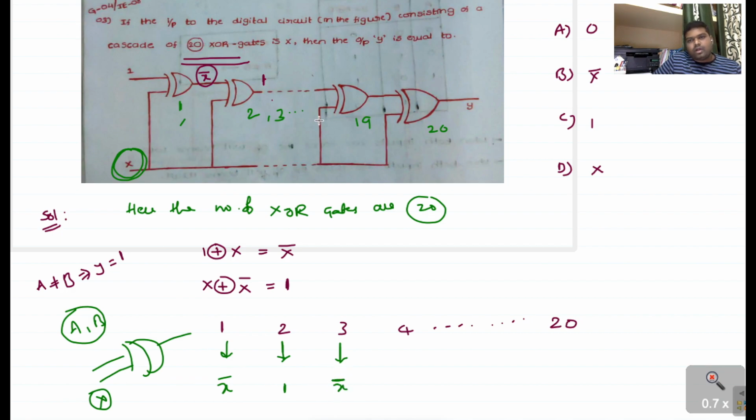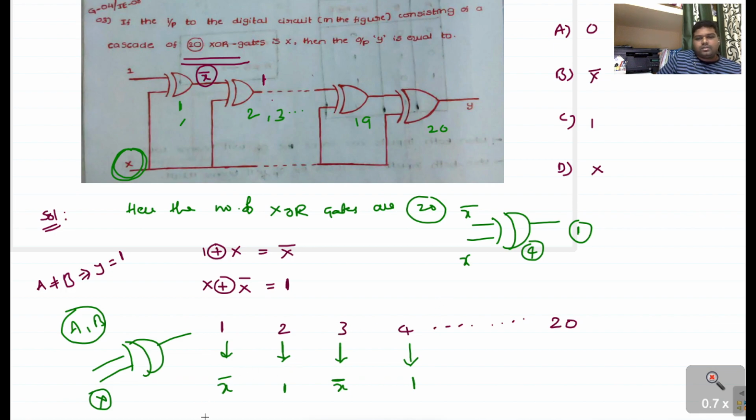And in the same way, X bar and X are the inputs to the fourth gate. Then what is the answer? X XOR X bar is 1. So at the fourth gate we have output 1.